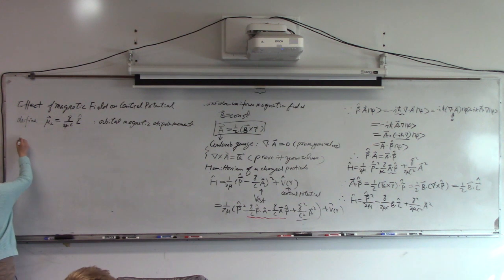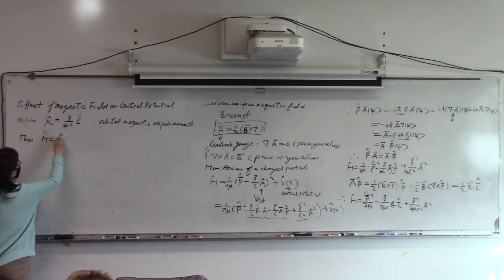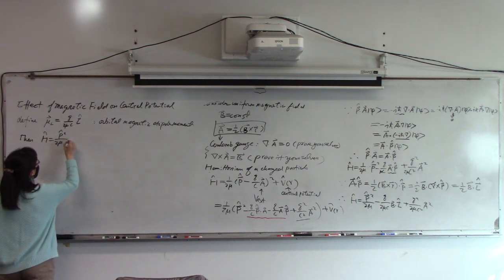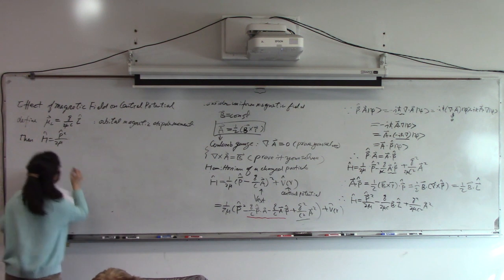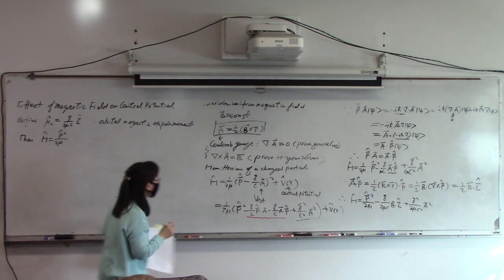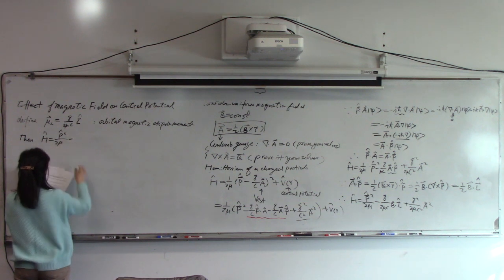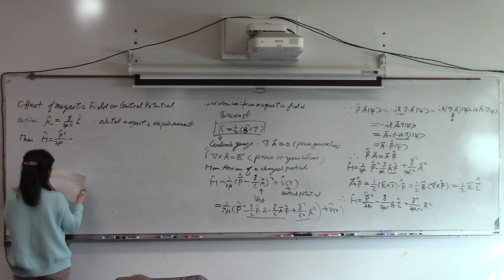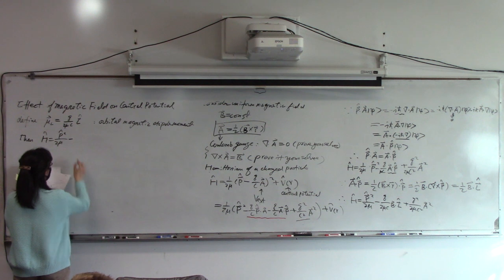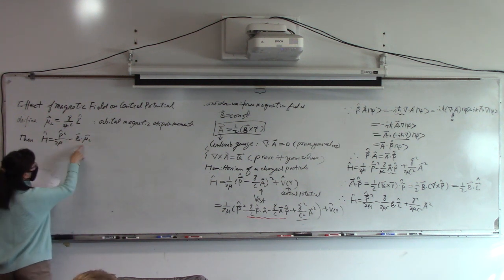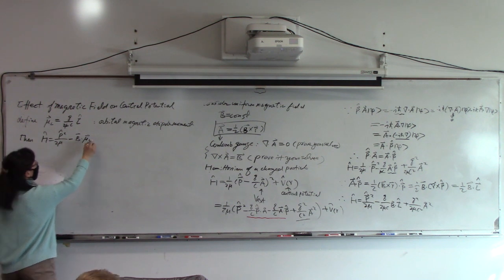Okay, so then we write this Hamiltonian again: the kinetic energy part, minus B dot mu. And now you know this term is the interaction between the field and the magnetic dipole moment, and plus the last term.